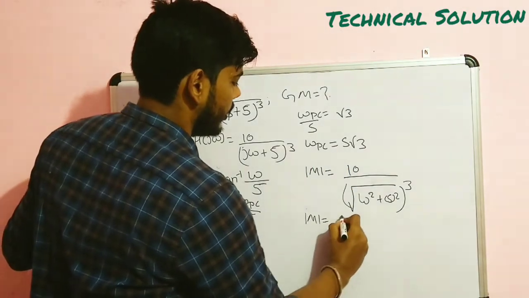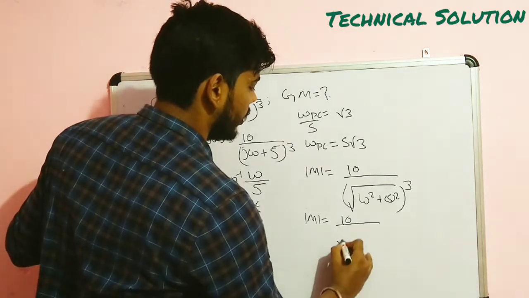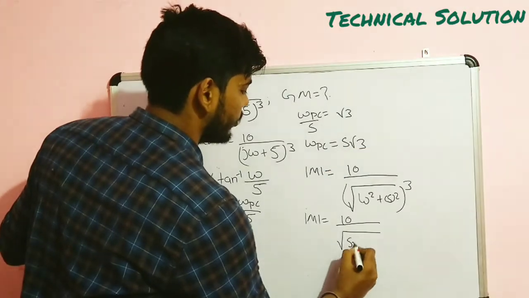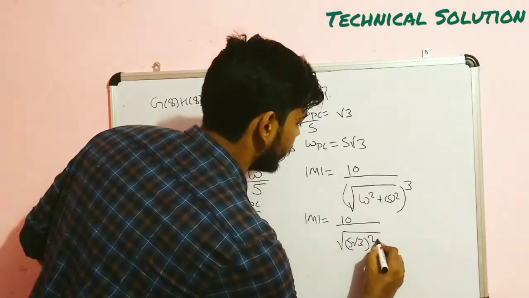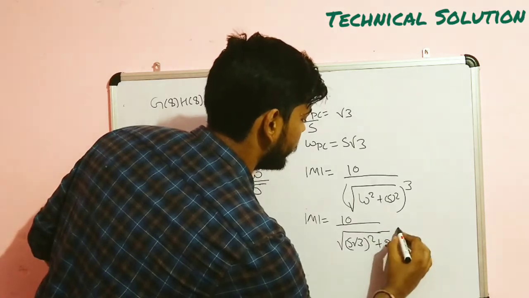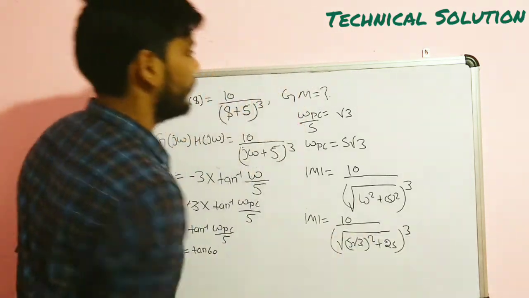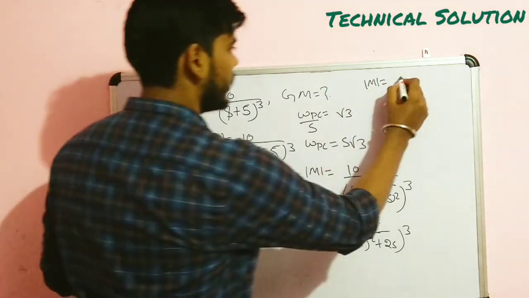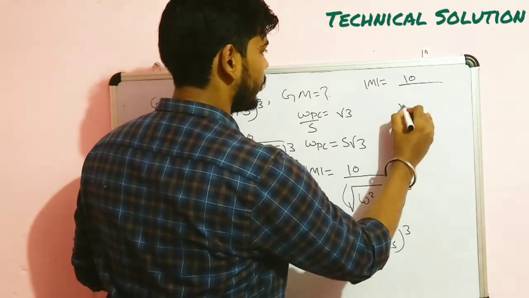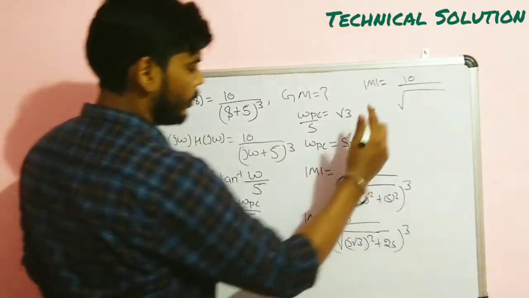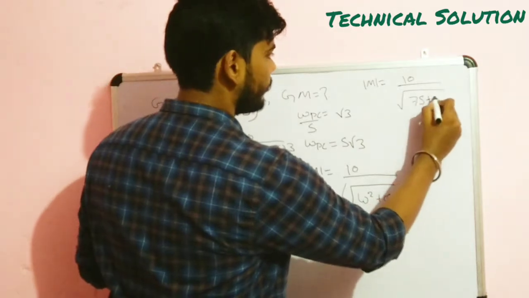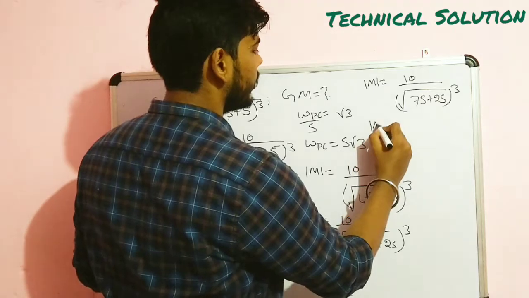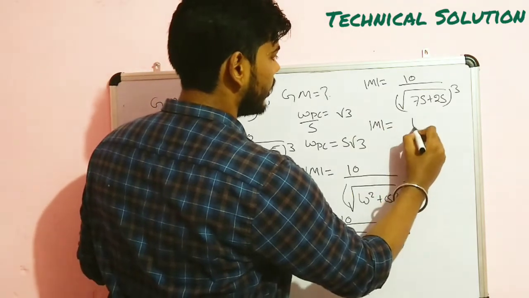So 10 upon, omega square becomes (5 root 3) whole square, plus 25, whole raised to the power 3. So the magnitude at the phase crossover frequency is 10 upon the root of (75 plus 25) whole raised to the power 3.